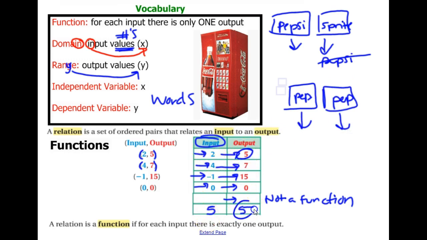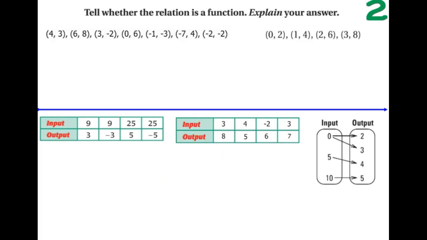However, they're both giving me the same thing, a Pepsi. And that's okay, because there can be more than one Pepsi button on a machine, but one button can't give you two different things. Okay? So like that too. This one was a no-no, because that one button we pushed can't give us two different things.